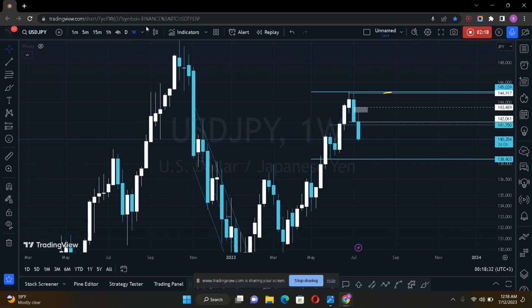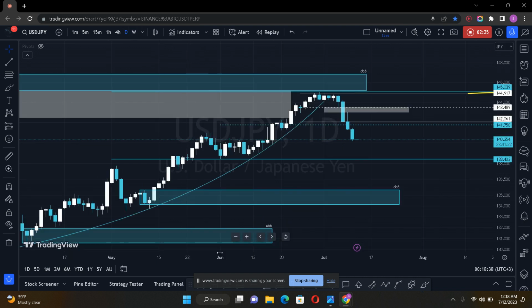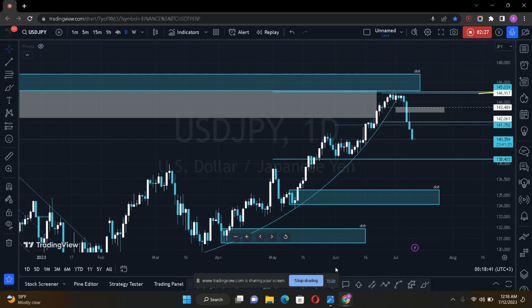Then after highlighting those levels, I look for my points of interest on the daily time frame. Now, these are levels where I'd be interested in taking a trade, or levels where price action at that particular level would dictate my bias.